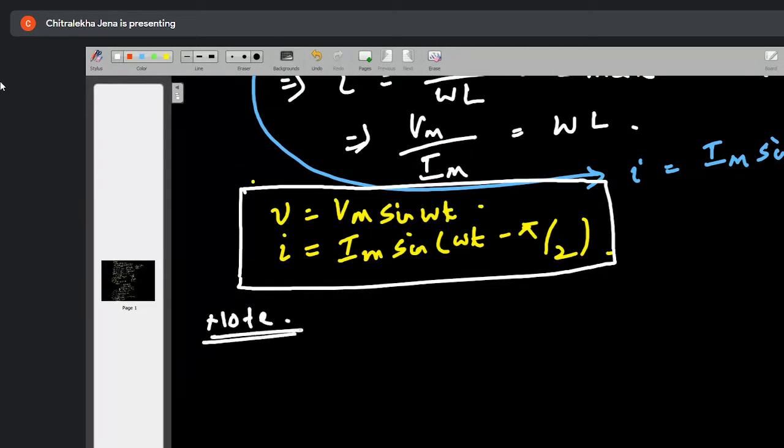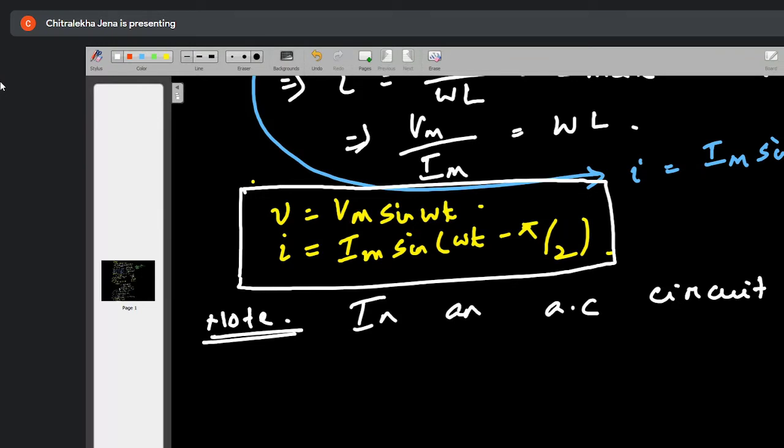What is your conclusion? In an AC circuit, when you are taking different circuit elements, the phase difference between the applied voltage and current will change according to the elements you are using. Like a resistor will be different from an inductor, and a capacitor will be different.